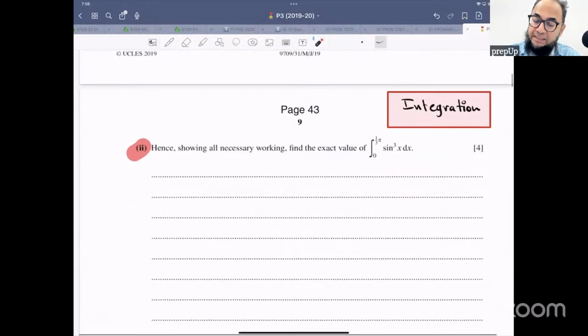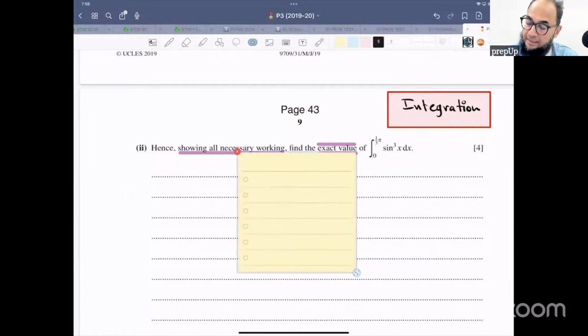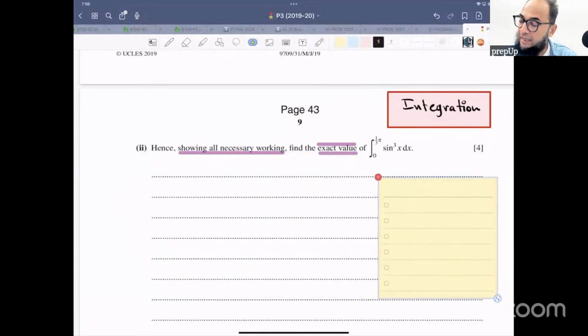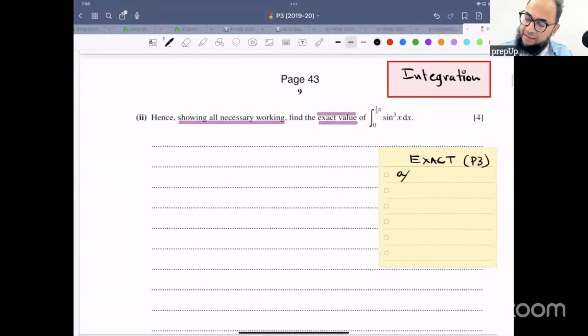Now, what is the next part? The next part is this: hence, showing all the necessary working, find the exact value. Focus on this. So now let me take out a sticky note and focus over here. Whenever they are using the word exact, from the perspective of P3, 4 things come to mind, or maybe you can say 5. The first is fractions.